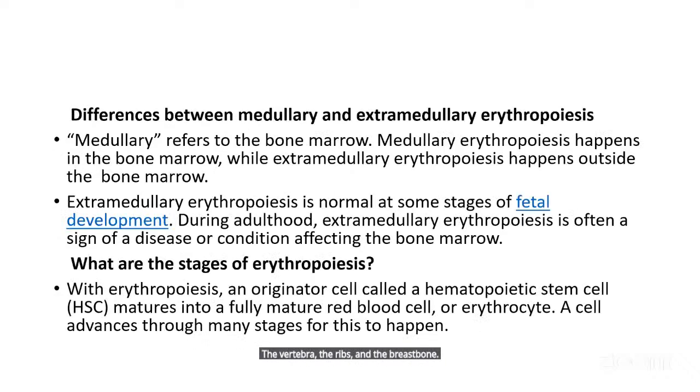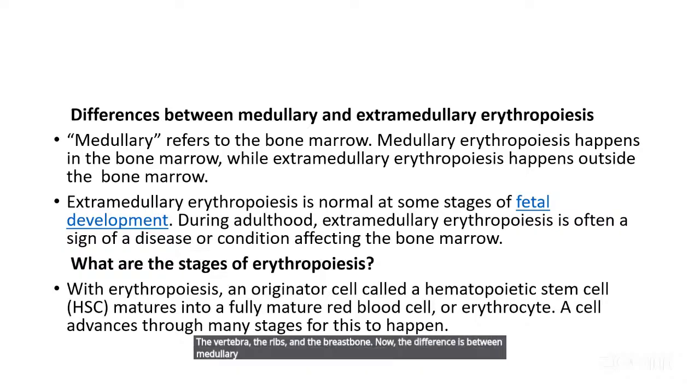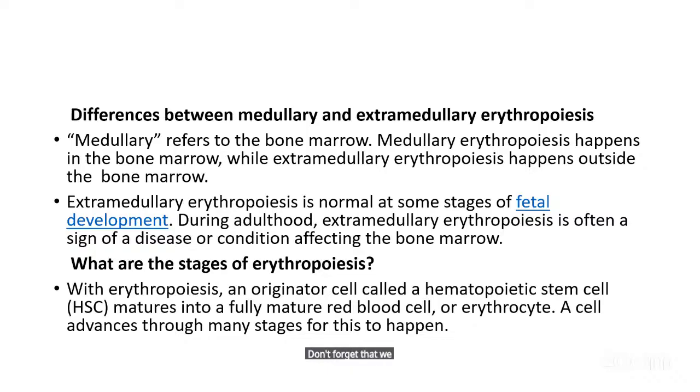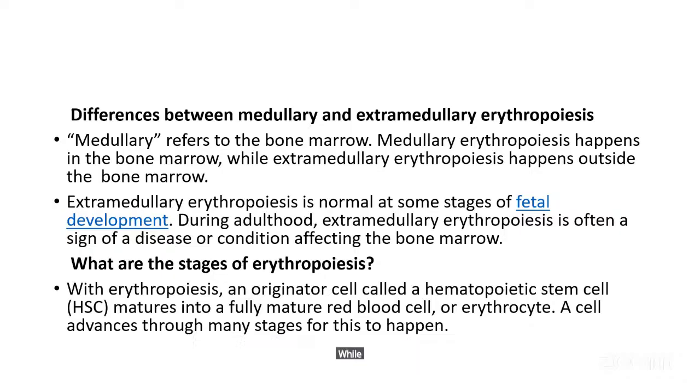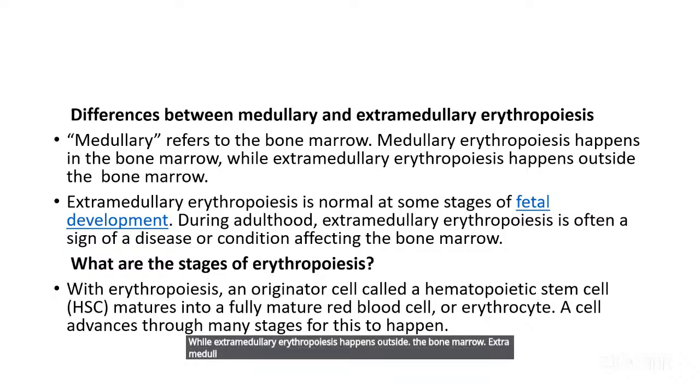Now, the differences between medullary and extramedullary erythropoiesis. Don't forget that we are talking about erythropoiesis. Medullary refers to the bone marrow. Medullary erythropoiesis happens in the bone marrow, while extramedullary erythropoiesis happens outside the bone marrow. Extramedullary erythropoiesis is normal at some stages of fetal development.